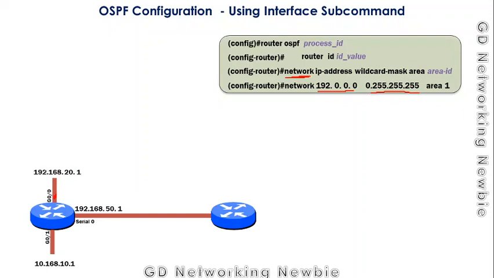If this IP address matches the IP address given in the network command, the matching actually occurs with the help of the wildcard mask.